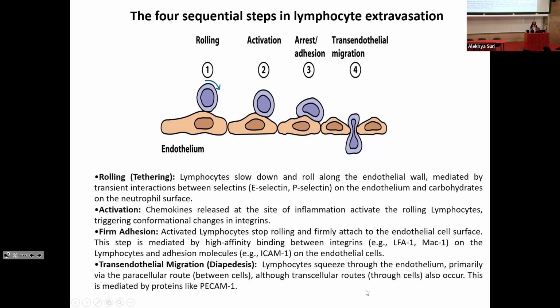So these cells can go between two endothelial cells and migrate into the tissue. They squeeze through the endothelium and get into the tissues without really damaging the endothelial cells. These are four steps that occur sequentially that allow an immune cell in the bloodstream to go into the site of infection or into the tissues, okay?